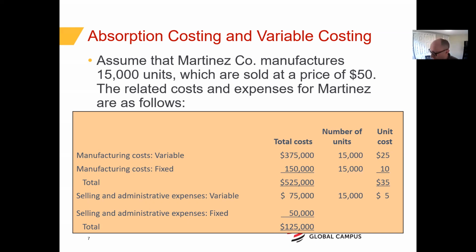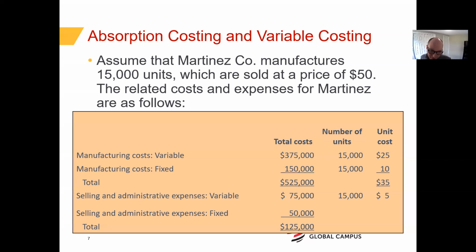You're wondering, oh, what could be fixed, right? Well, as you know, with selling administrative expenses, we have things like advertising and promotion. We have things like sales salaries for the office personnel. We have other potentially fixed components of selling administrative expenses.